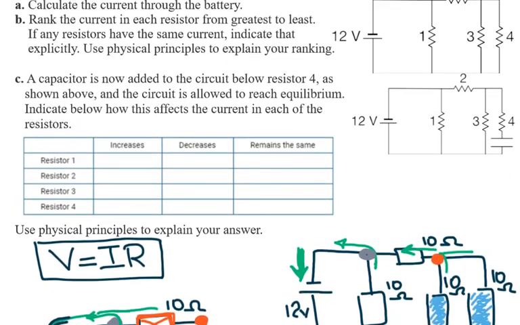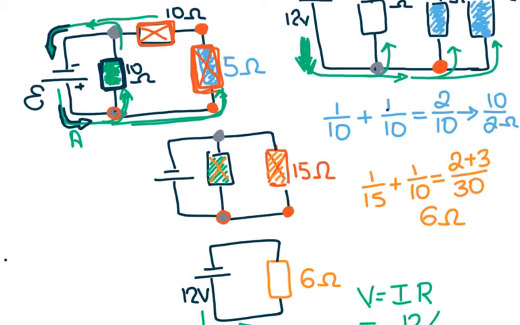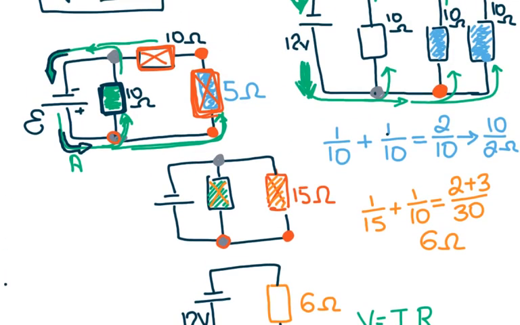So I know that the current that is leaving the battery is 2 amps, and it's going to be the same current that is coming back, 2 amps. Then let's look back right here. So I know that this is now 2 amps, and the voltage is given 12 volts.